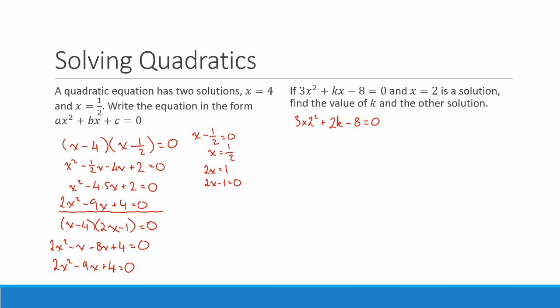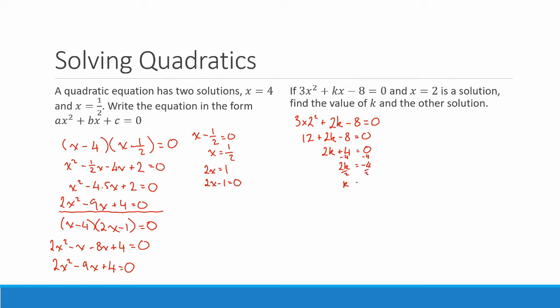So let's just quickly work that out. So 12 plus 2k minus 8 equals 0. Now we'll just group our like terms. So 2k plus 4 equals 0. Now we'll get rid of this 4 by subtracting it on both sides. 2k equals negative 4. Then we can divide by 2.